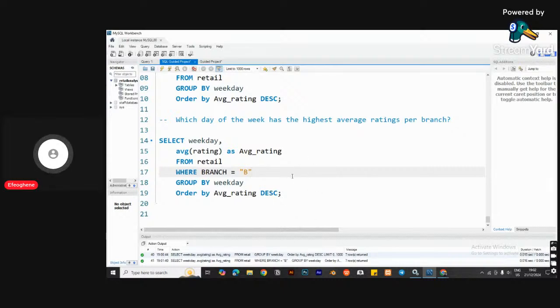So the horizontal and then the vertical. The values here will be the rating, if I'm not mistaken. The weekday can be in the row, and then the branch can be in the column, and then we have the rating in the middle.